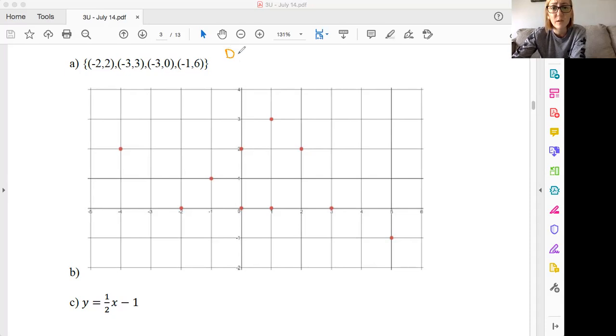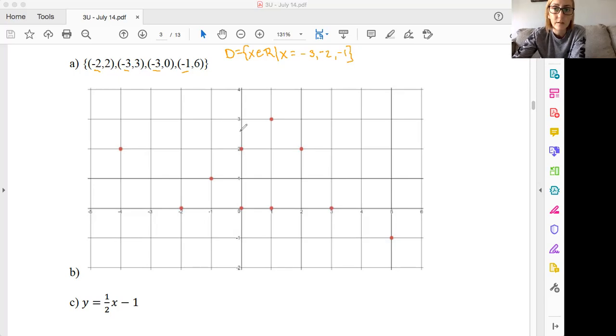So we want the domain for our set of points here. No matter what, we're always going to start with x as an element of real numbers, our line. And then you're going to list off the numbers, not repeating, but in order. So you're going to say x is equal to -3, -2, -1.